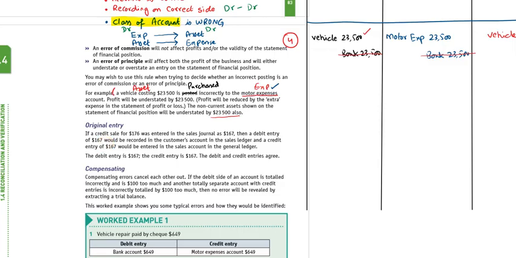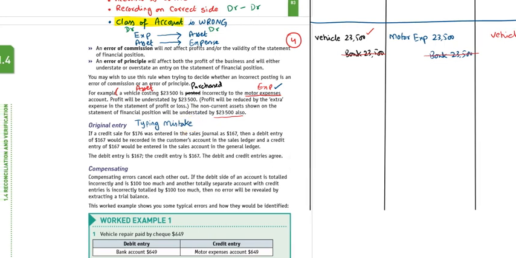So error of original entry means there is a typing mistake, an error related to the amount.